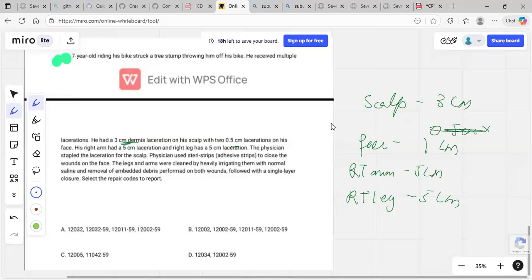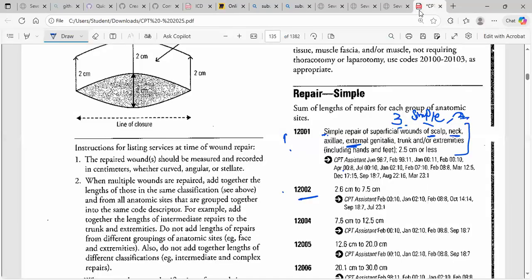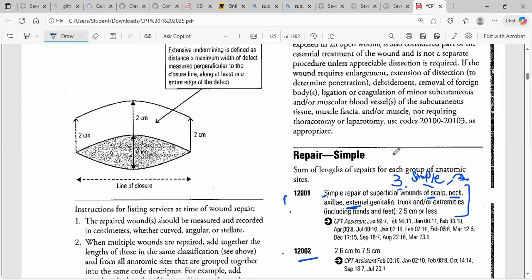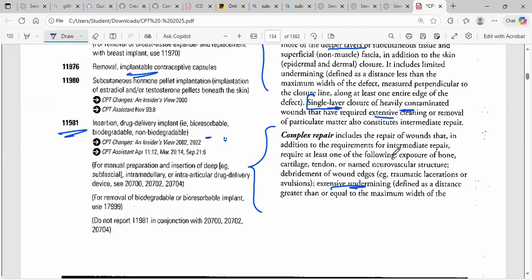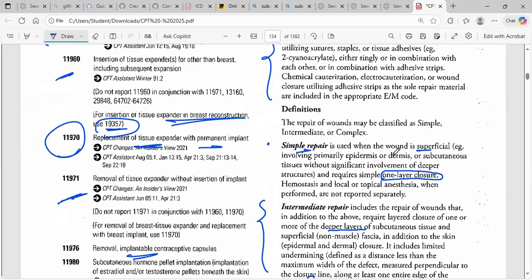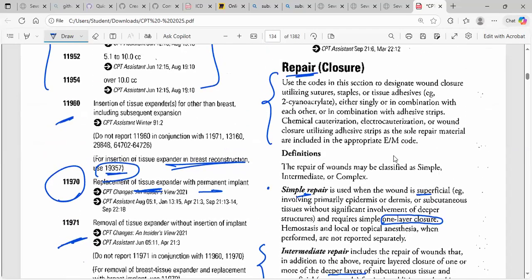The physician stapled the laceration on the scalp. So on the scalp, the doctor used staples. The physician used adhesive strips for the face. Whenever a laceration or cut has been closed with just adhesive strips, we are not going to bill that separately.